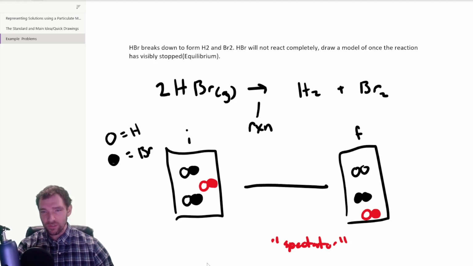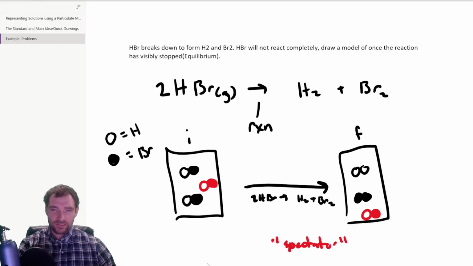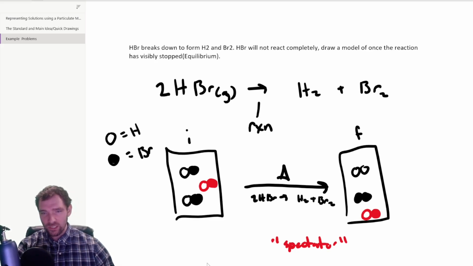So there's some reaction that's happened here, and we've taken the two HBrs and we've turned them into an H2 and a Br2. And so that's been the change, right? So there's some sort of change here. And so we're subtracting two of these and we're adding in one of these and one of these, right? So that's the main idea on this.